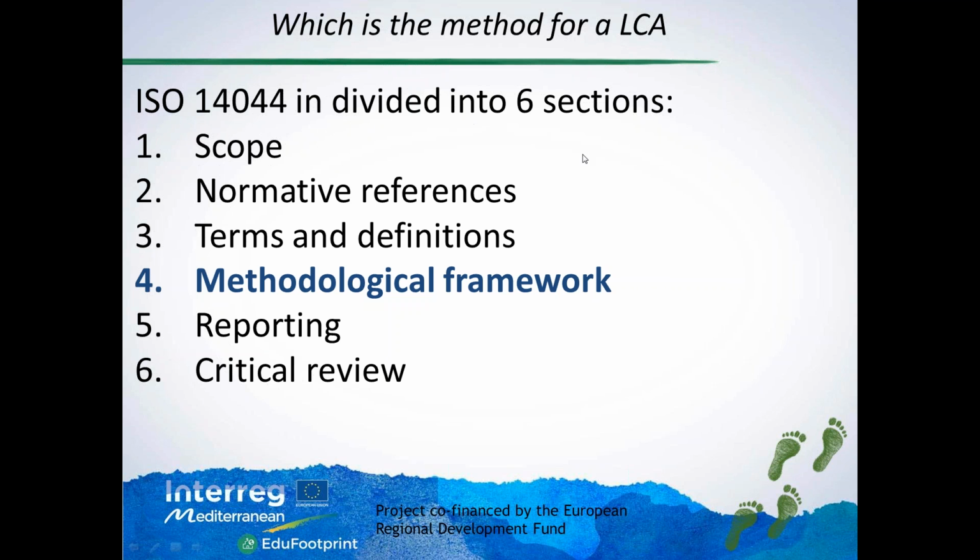The standard is divided into 6 sections. One is scope, the second one is normative references, then there is terms and definitions, but the core of this standard is number 4, methodological framework. Then point number 5 is reporting, and then critical review.